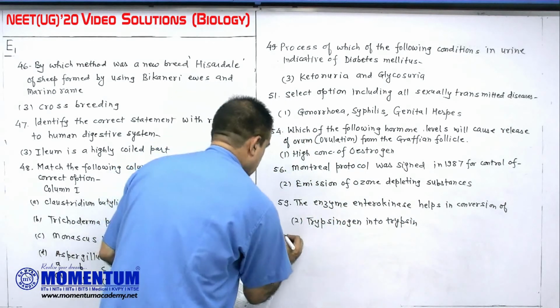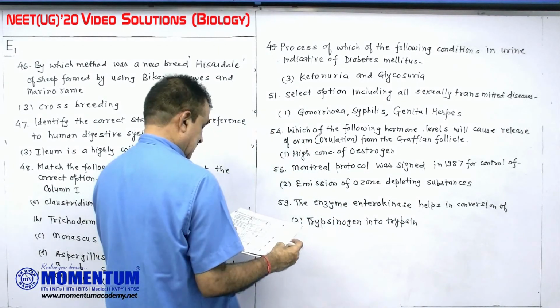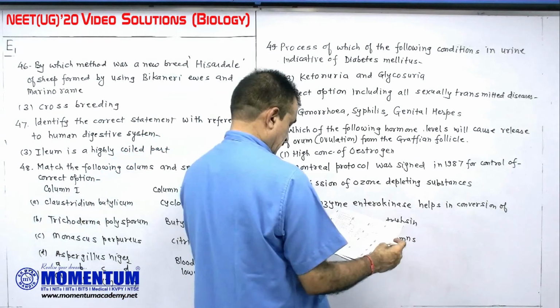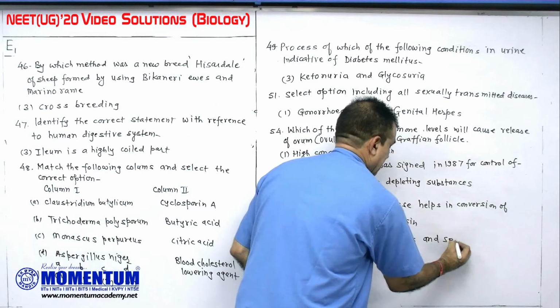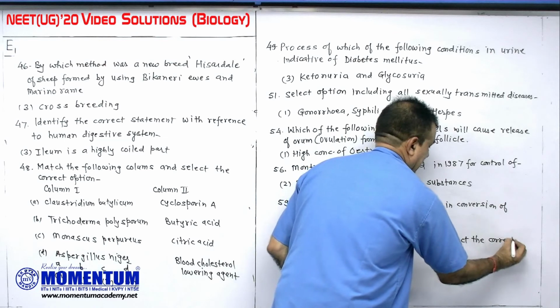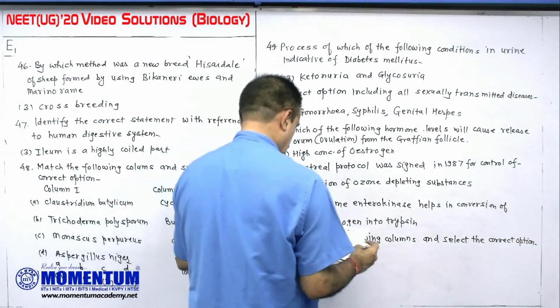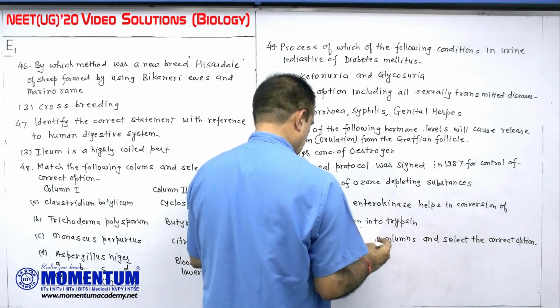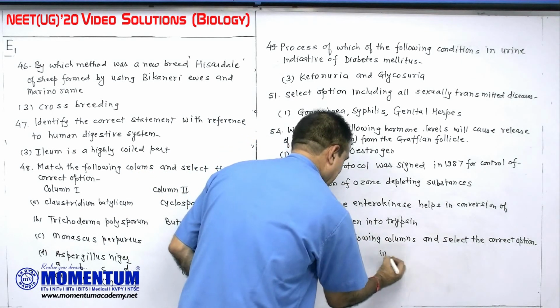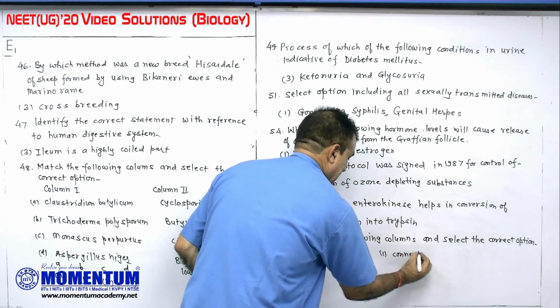Then 63: match the following columns and select the correct option. A, Organ of Corti; connects middle ear and pharynx.